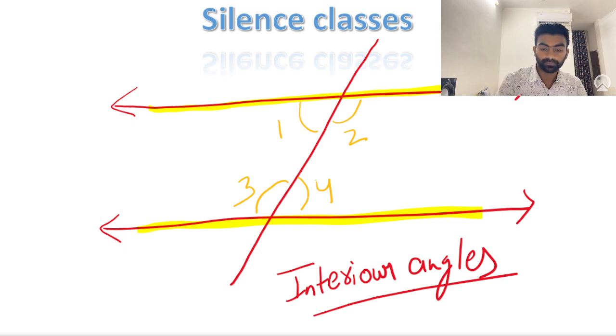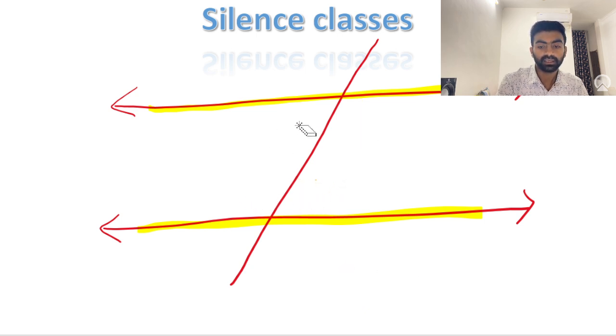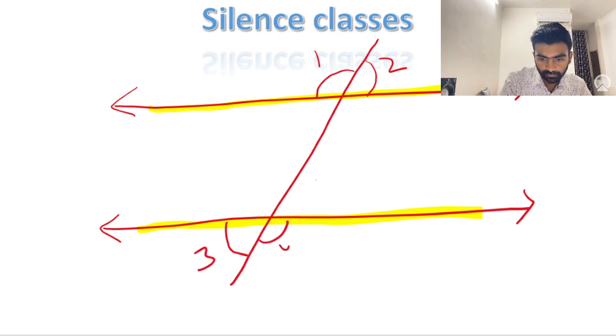Now the fourth one, we will talk about exterior angles. Exterior means outside, angles which are present outside these parallel lines, this one and this one, 1 and 2, not this one, because it is outside. 3 and 4 are known as exterior angles.